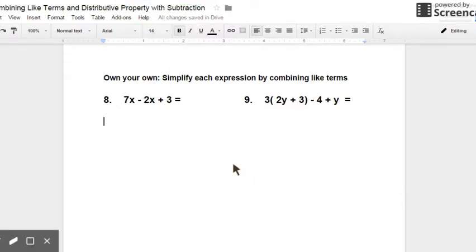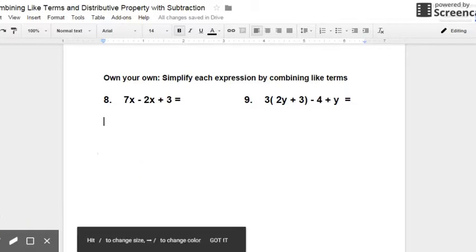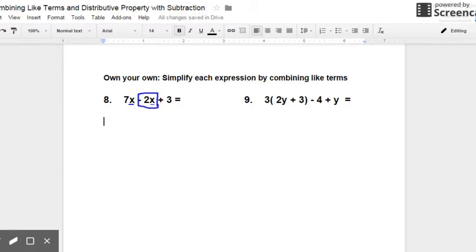Hi, hello students, welcome back. Let's go over our two answers from our on your own problems. So first, let's go to problem 8. Well, identify our like terms. We have 7x and we have 2x. If we look at the 2x, there's a subtraction sign in front of it. Remember, we always look at the sign in front of it. We do not look at the sign behind it. We read this, 7x minus 2x.